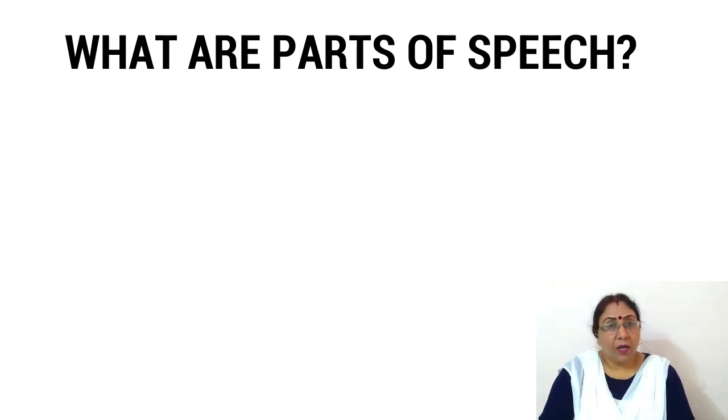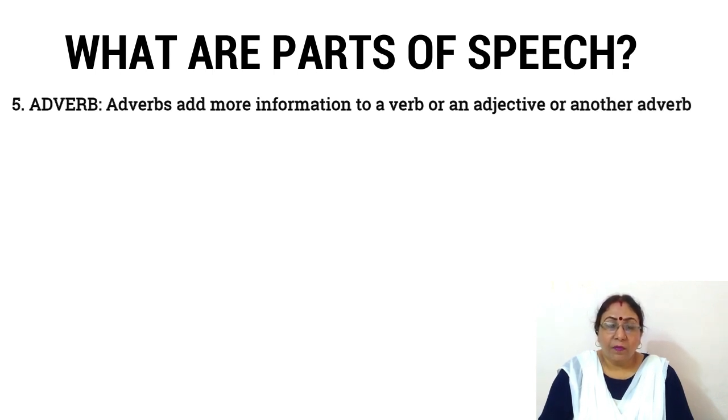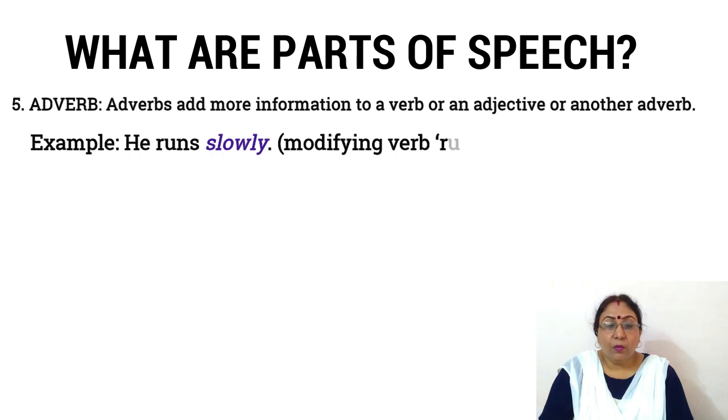Then the next part of speech is the adverb. Now, what is an adverb? An adverb adds more information to a verb or an adjective or another adverb. Let us understand this through examples. If we say he runs slowly, here the word slowly is an adverb.